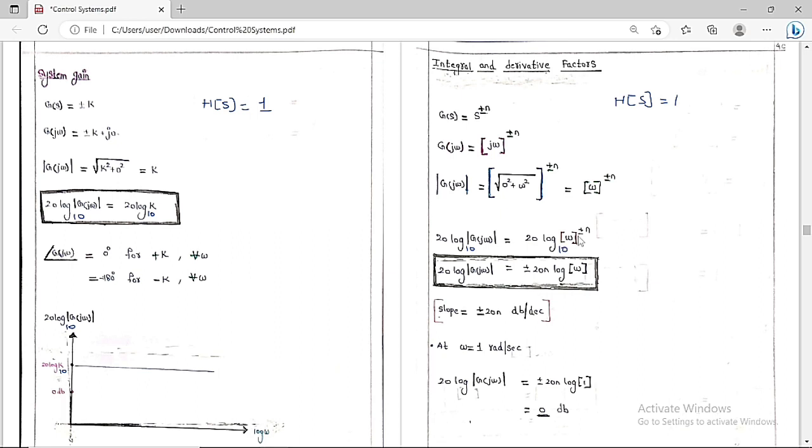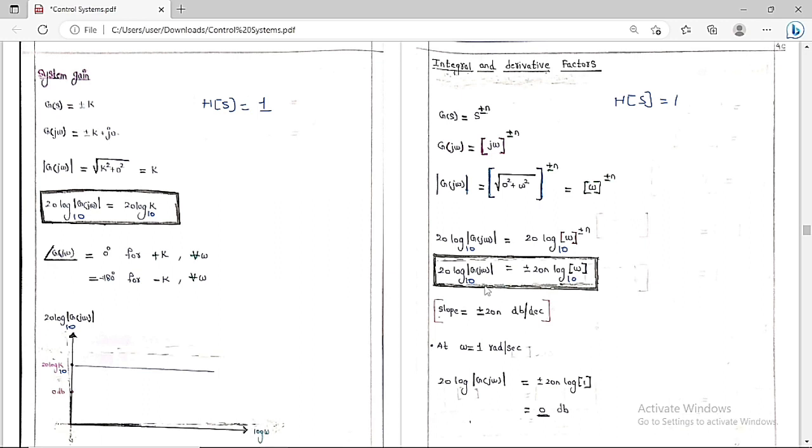If this plus or minus n comes to the front, then what are you going to get finally? Plus or minus 20 log of ω with base 10. So finally, 20 log mod of G(jω)H(jω) with base 10 is equal to plus or minus 20n log of ω with base 10.